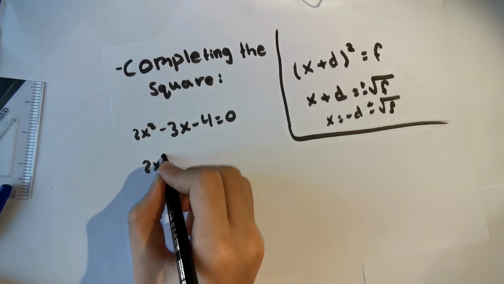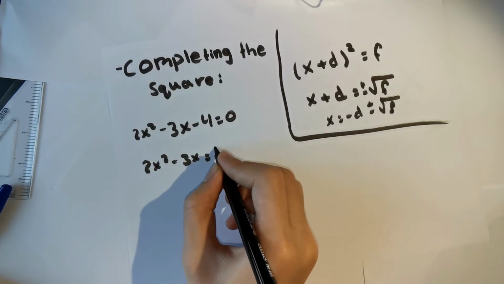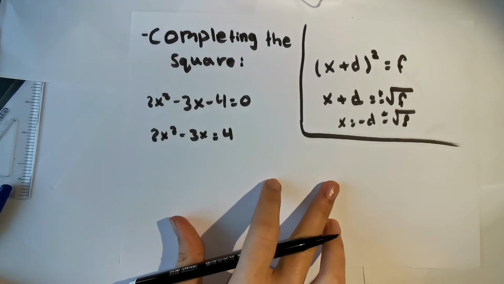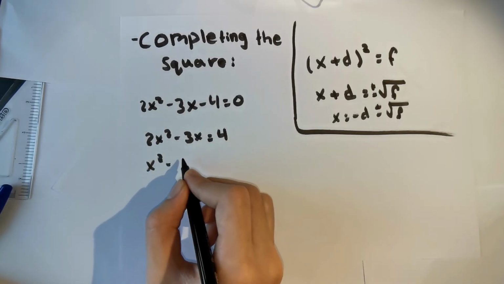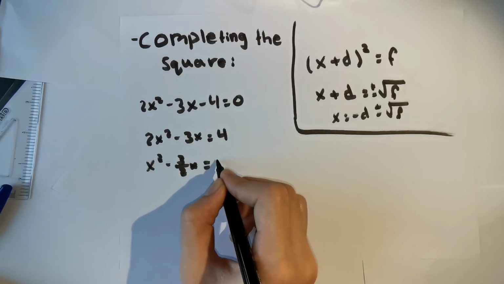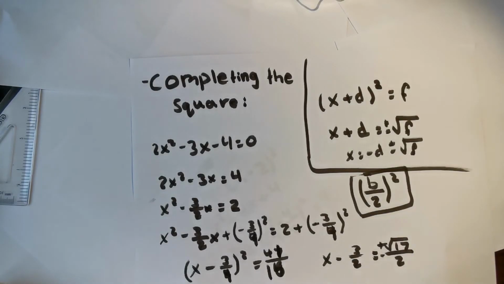So here it becomes 2x squared minus 3x equals 4, and a must be equal to 1 for completing the square, so we divide the whole equation by 2, giving us x squared minus 3 over 2 x equals 2. And now we add to both sides negative 3 over 4 squared, so x minus 3 over 4, everything squared.